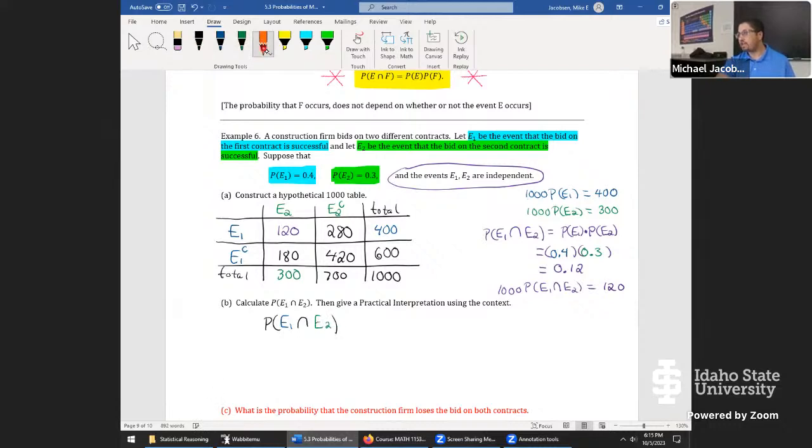That's going to be this location on the table where E1 and E2 intersected. We get a count of 120 divided by 1,000. And yeah, after we do that division, we get 0.120. And that would be the probability of that one. But the thing that's new about this problem is we still have to give a practical interpretation to it. So we'll do that next.